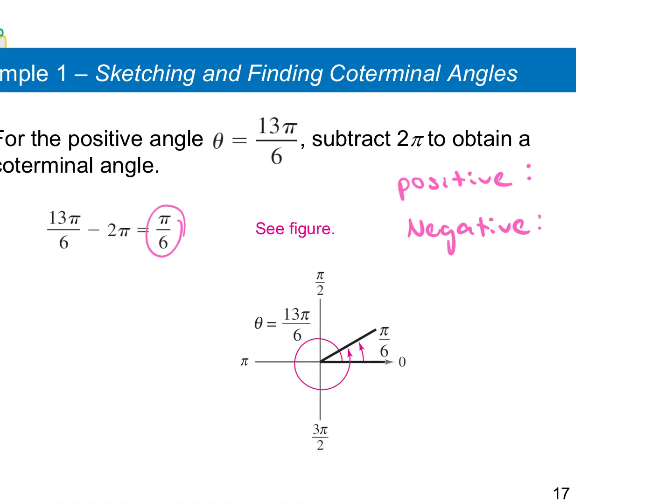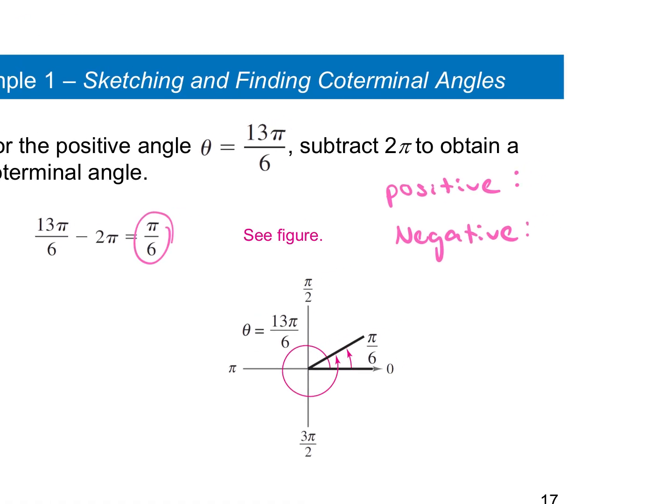So there's more than one right answer for all of these questions when it comes to coterminal angles, because we can have an infinite amount of coterminal angles. If we were given the angle 13 pi over 6, pi over 6 would be a positive coterminal angle. How do you think I could find a negative coterminal angle?